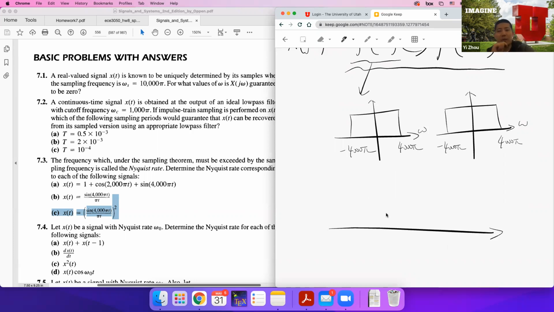This is a fundamental problem about convolution, which we have done in the convolution lecture. If you take the convolution between 2 rectangles, you get a triangular signal.